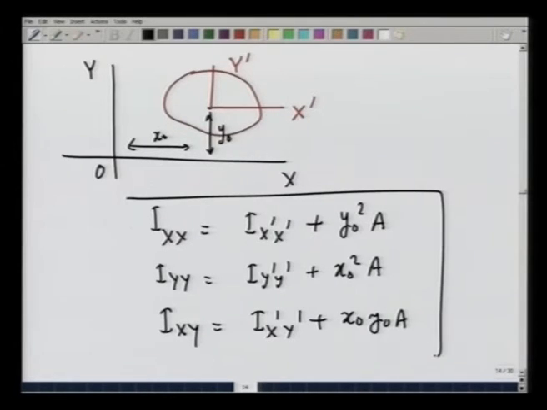These are known as transfer theorems. Using these, I can transfer the moment of area or the product of area from one coordinate system to another.